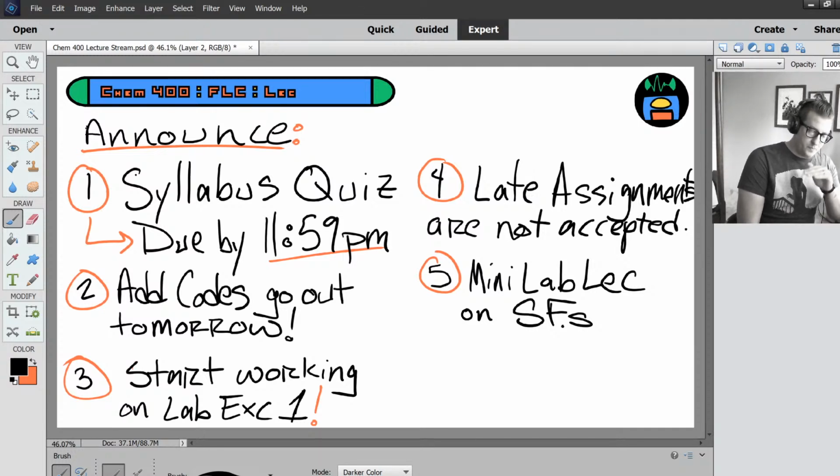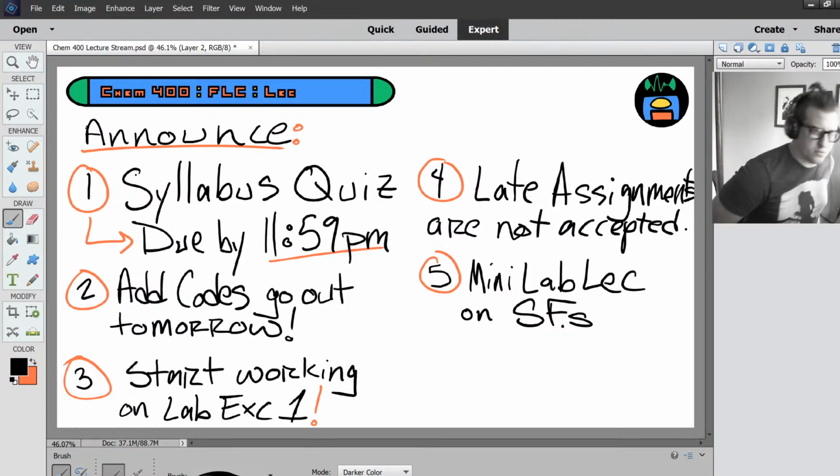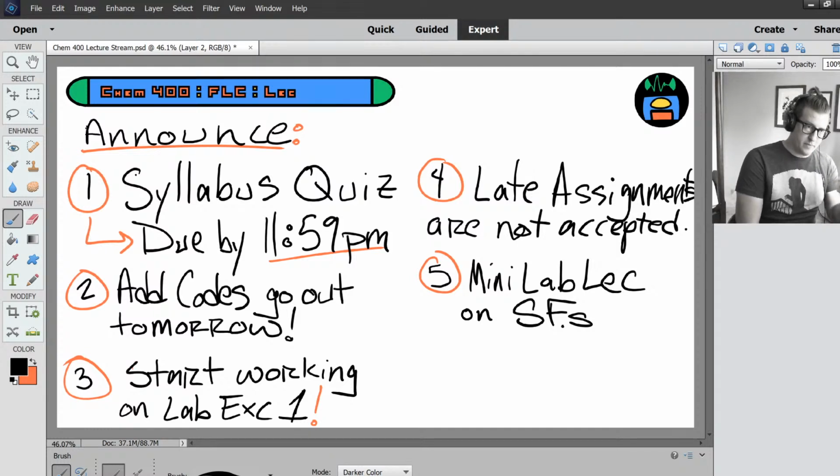So if you know you're rusty, or it's been a minute since you've done sig figs and you're looking for a place to start, maybe you don't get a lot out of reading, tune in tonight, 7. I'll be doing a mini lecture on sig figs, what they are, how to identify them, how to use them in calculations. And then on Monday of next week, I'll be doing a mini lecture on unit conversion.